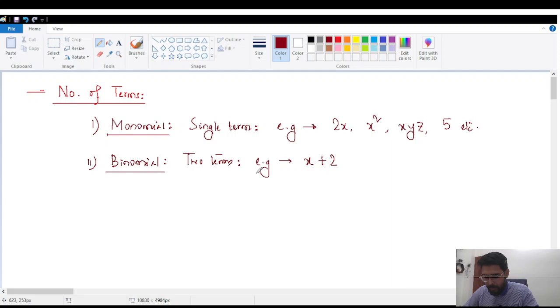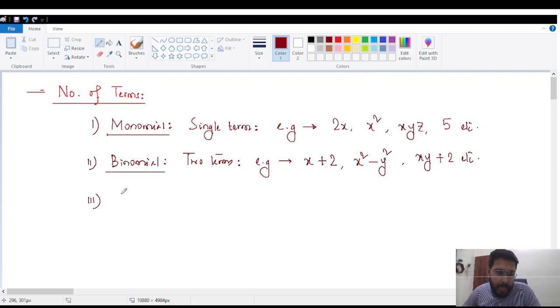Or x square minus y square. x square is a single term consisting of a combination of two variables, x and x. y square is a single term consisting of y and y. They are separated by the minus sign, so these are two different terms. So this is a binomial. Similarly, xy plus 2, etc. All of these are examples of binomials.